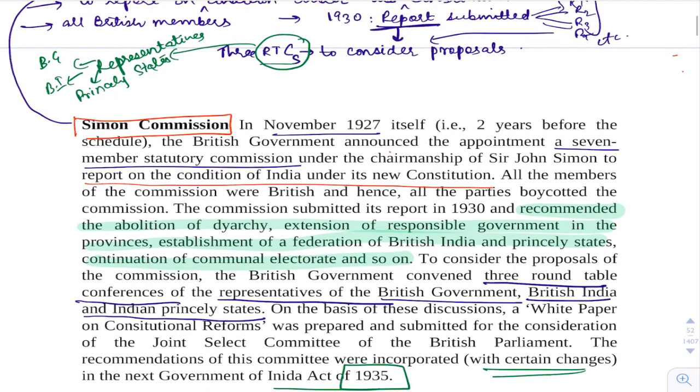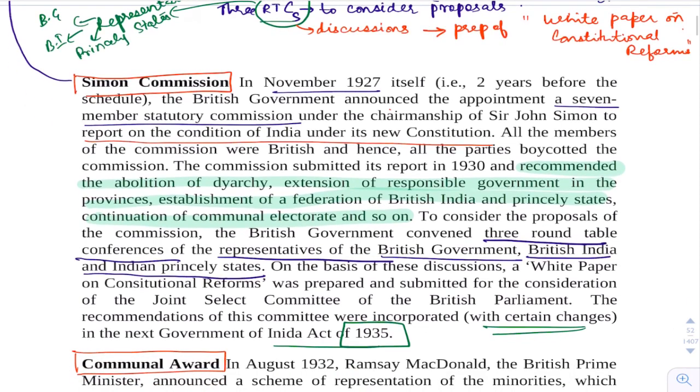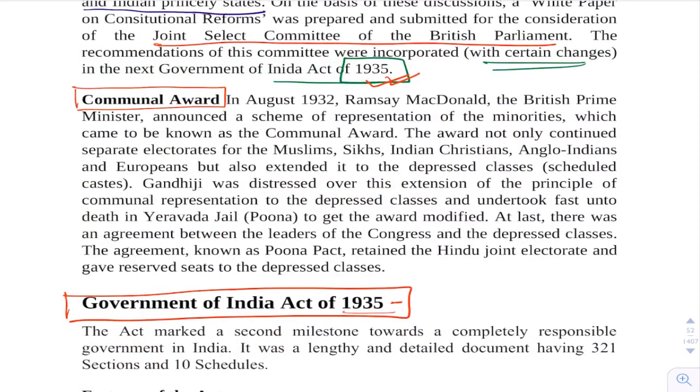So what we can write is कि फिर round table conferences हुए, यहाँ से जो भी discussions हुए उसमें क्या हुआ, preparation of white paper on constitutional reforms, ठीक है, and was prepared and submitted for the consideration of the. सो ये इनका preparation हुआ, we are not writing कि ये किसके लिए consider किया गया, because recommendations कहाँ incorporate हुए ये important है. So you can just write that recommendations incorporated in GOI Act 1935, of course with certain changes. ये एक event था, मतलब एक बात थी जो हमें करना था बीच में.